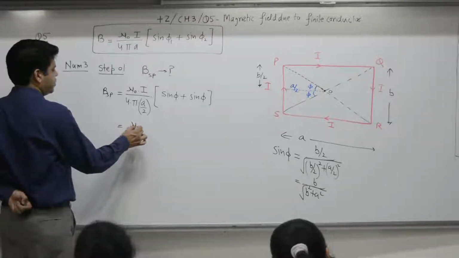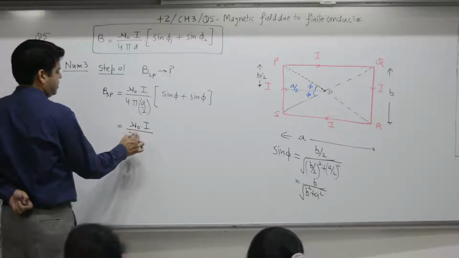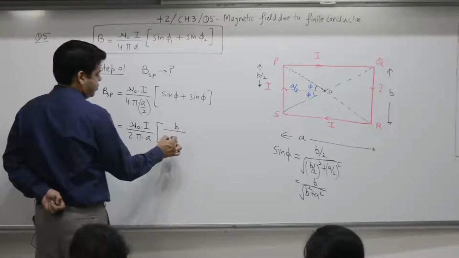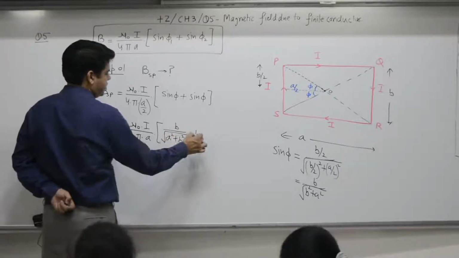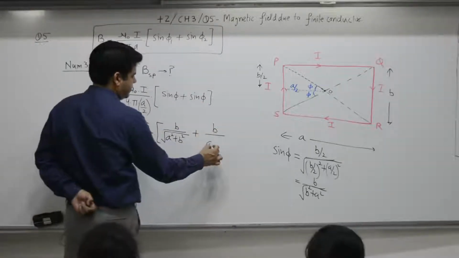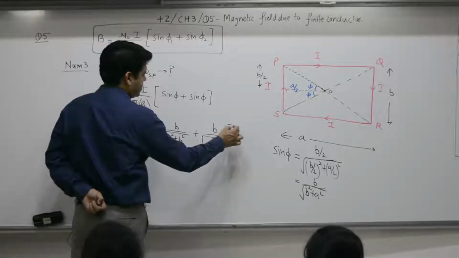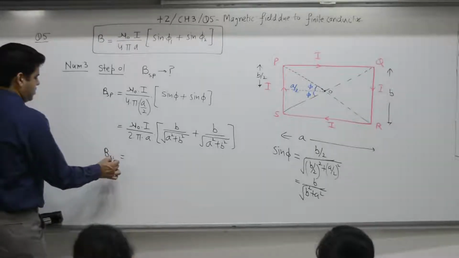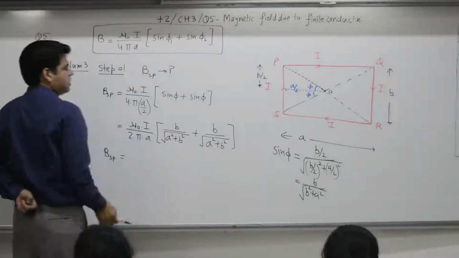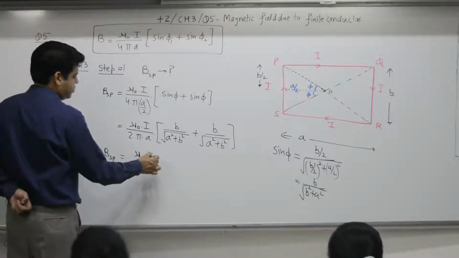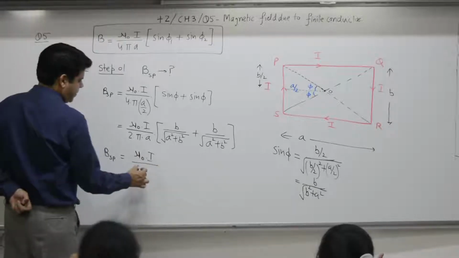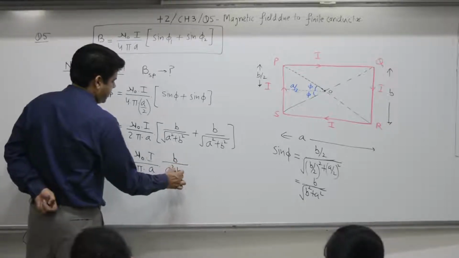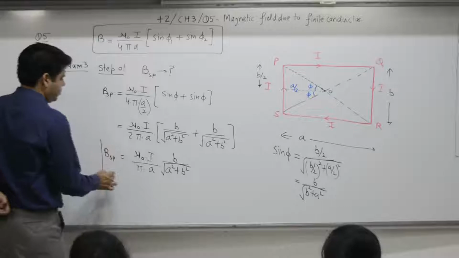So what you get is nu naught I over 2 pi a, sin phi, b over a square plus b square under root, plus sin phi, b over a square plus b square under root. This plus this, how many times is it? 2 times. So if I do 2 times, the 2 and 2 will cancel. What you get is pi a b over a square plus b square under root.